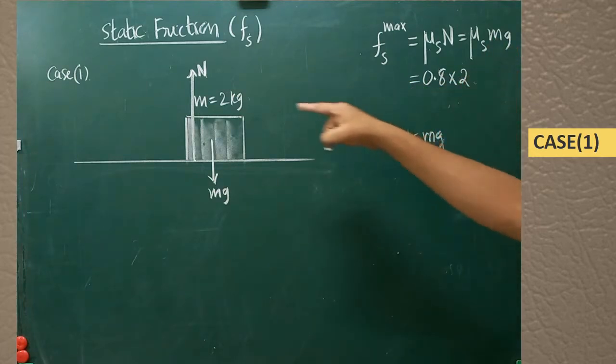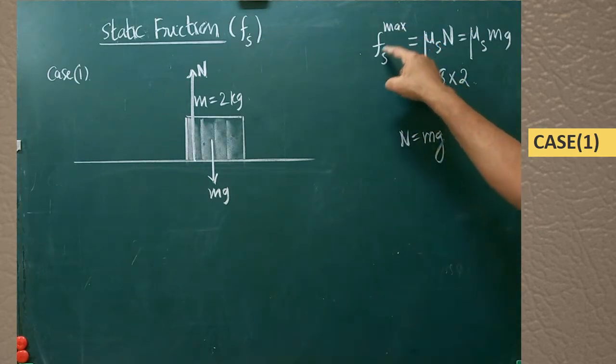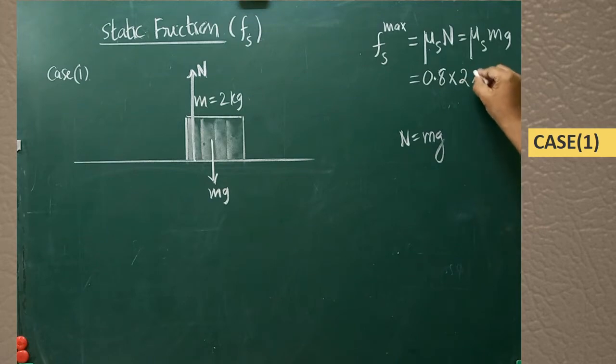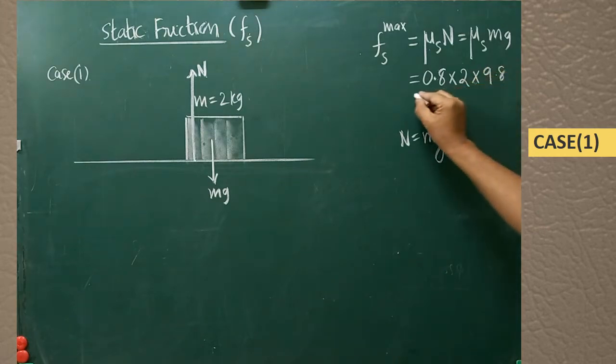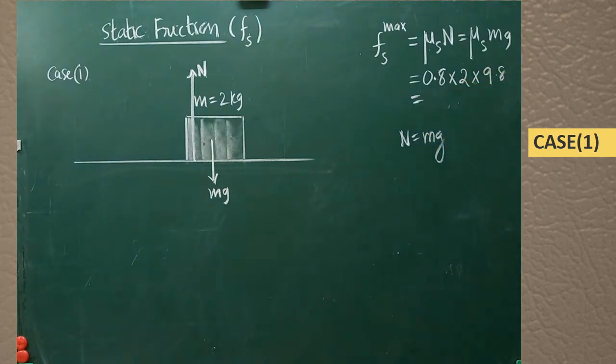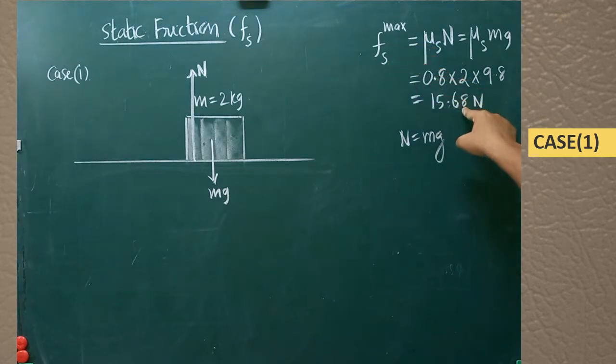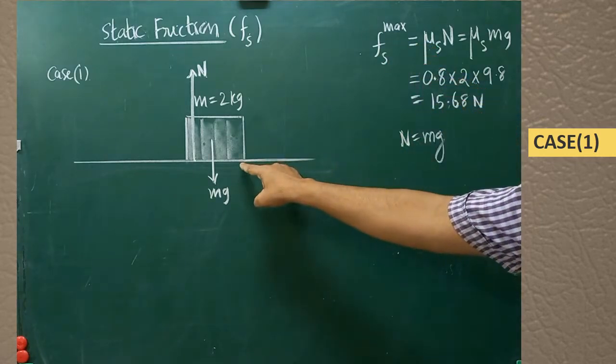With respect to that object, I am calculating the maximum frictional force: 0.8 into 2 into 9.8. If all are multiplied, you will get the answer as 15.68 Newton. So this is the maximum frictional force offered by the surface.